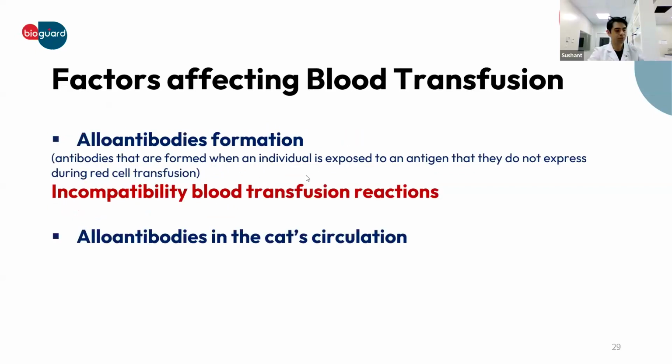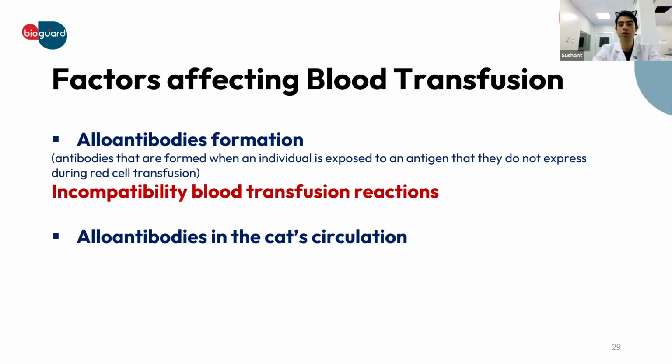So there are a lot of factors that could affect blood transfusion reactions in cats. However, the most understandable ones are the functioning of the antibodies in the plasma of the cat.